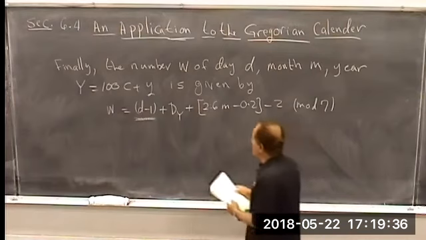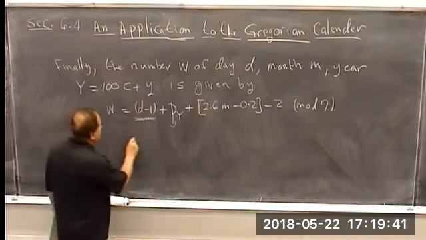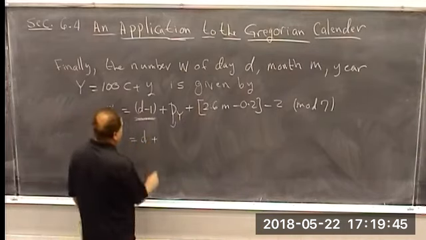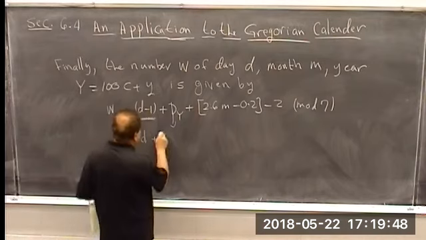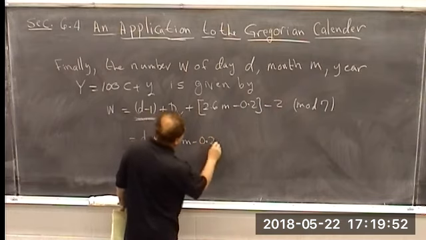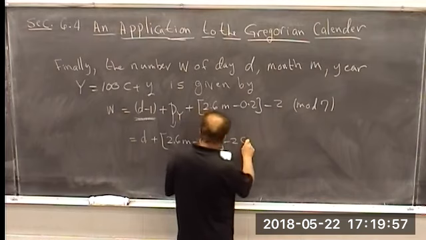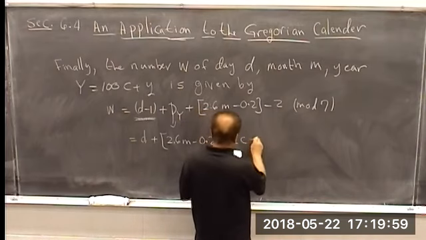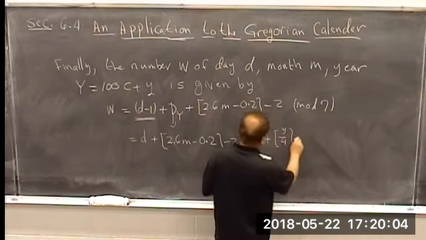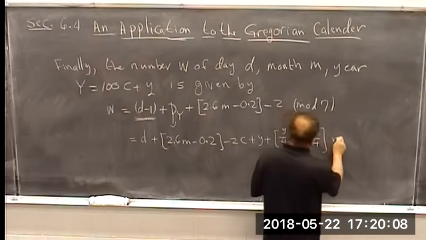Now, when I substitute again for this, dy, what it is equal to, we end up with the final formula here for the date: 2.6m minus 0.2, then minus 2c plus y over 4 plus c over 4 mod 7.